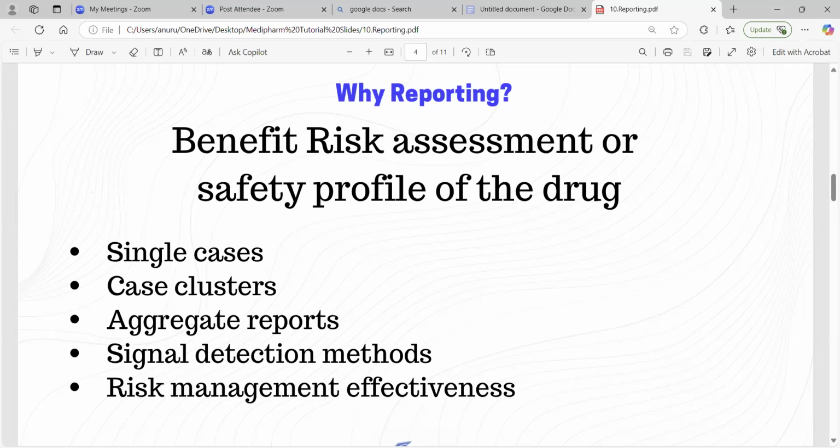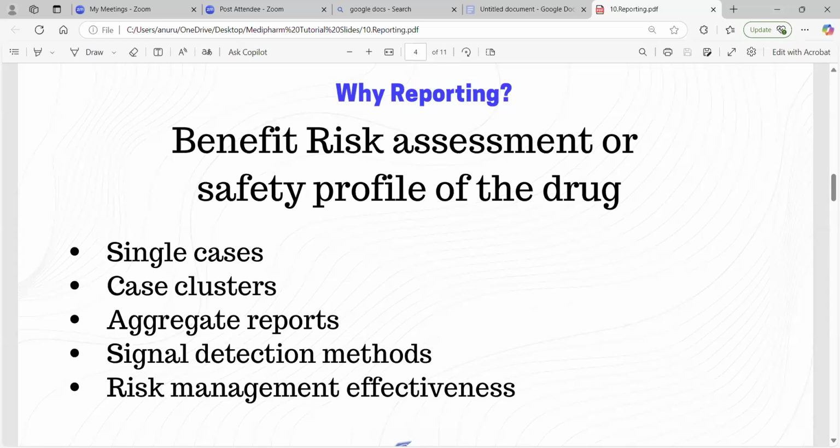Detection means aggregate reporting helps identify potential safety signals, which are previously unrecognized safety concerns or adverse events associated with a medicinal product. Then we do the signal evaluation.